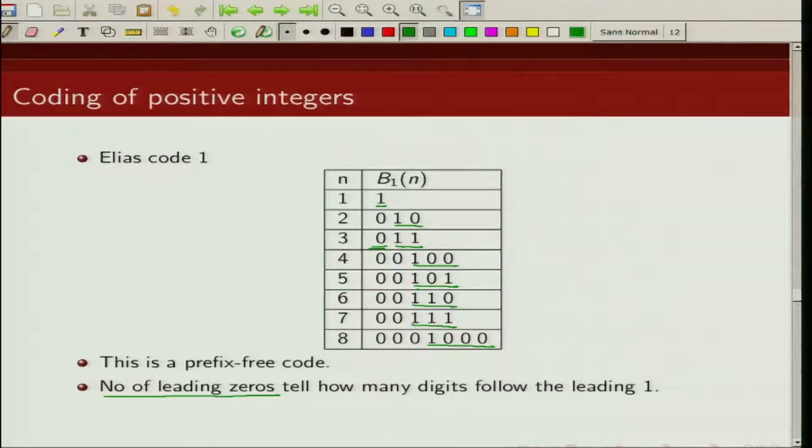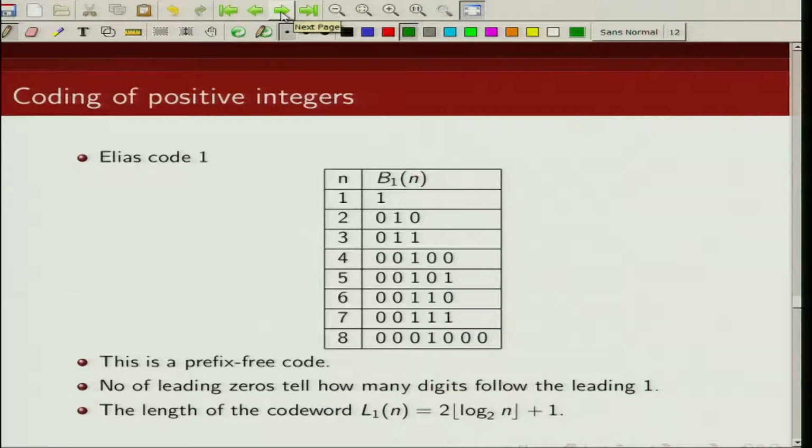So in Elias code 1, the number of leading zeros tells how many digits will follow the leading one. If there are 3 zeros, then after this leading one, there will be 3 more digits that we need to look at. And this leading one followed by the other 3 digits is the binary representation of the number we are talking about.